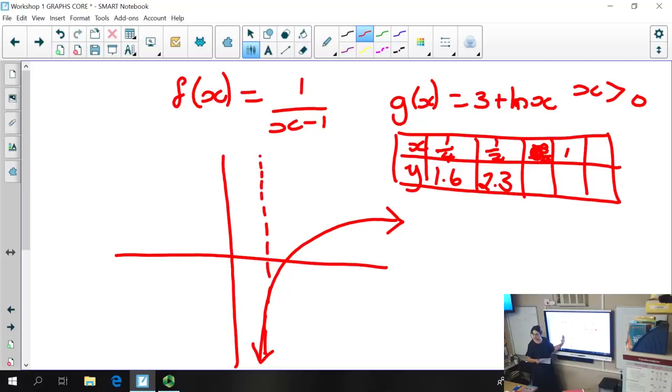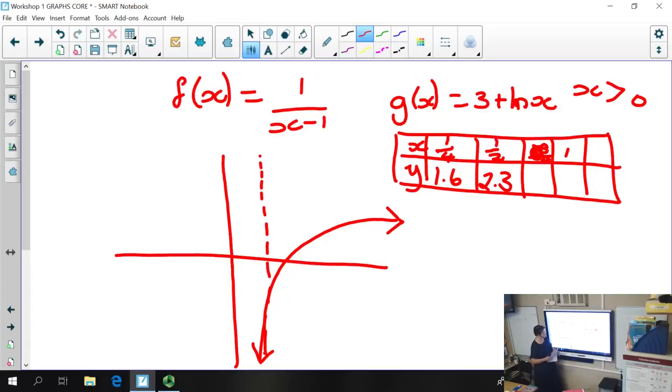Usually it's the y-axis, but now because there's a +3, it moves a little bit away. Usually it was 1, but now because there's a 3, the asymptote line will be at 3.